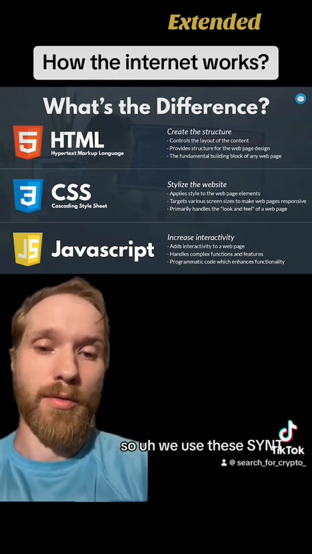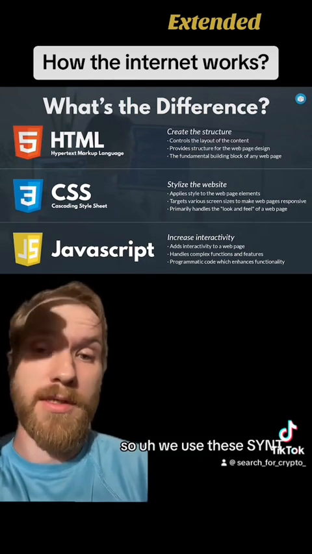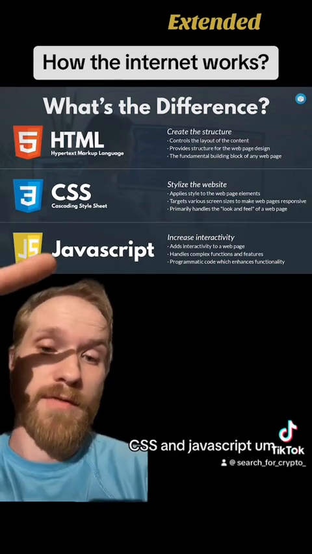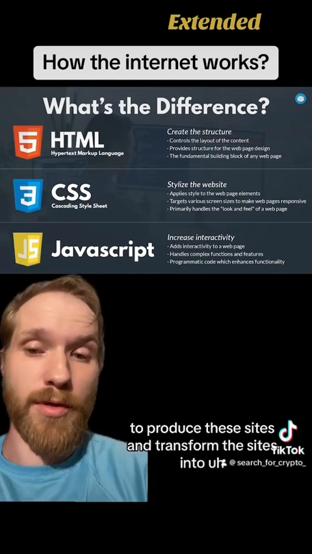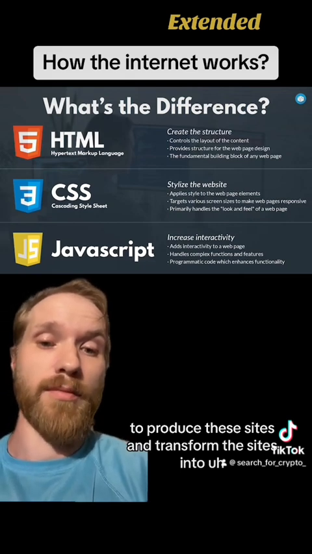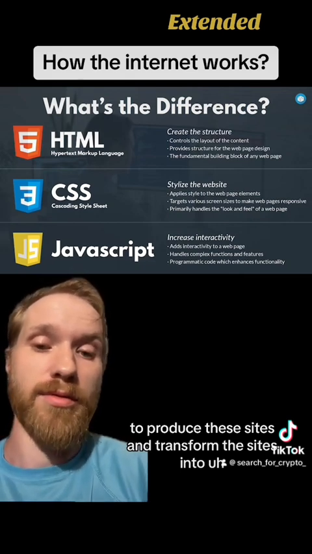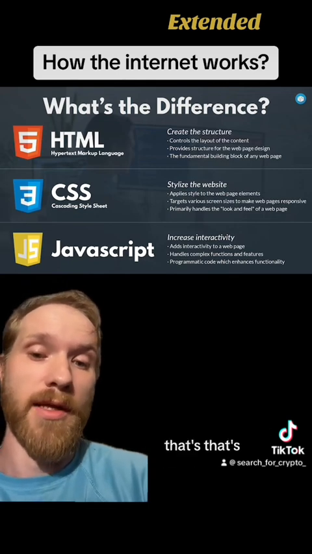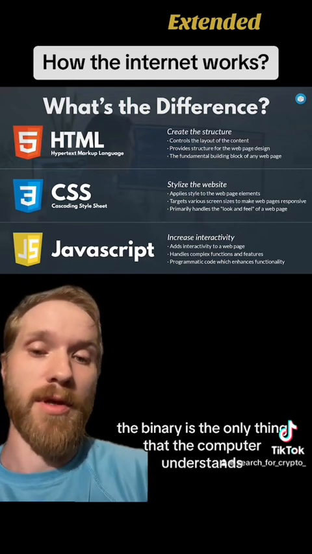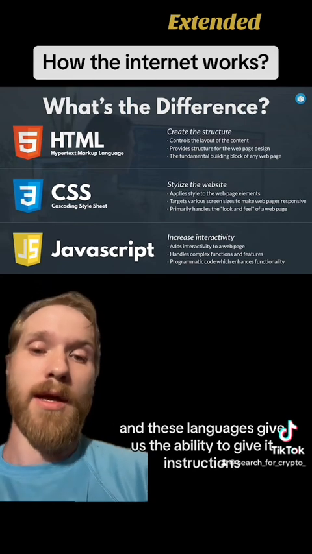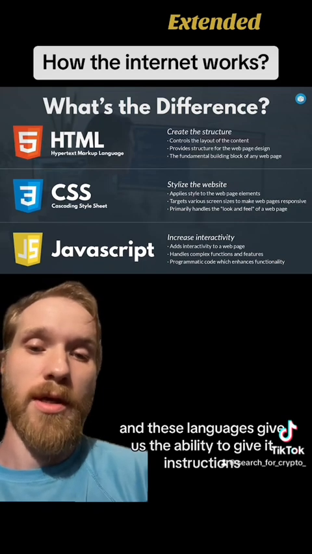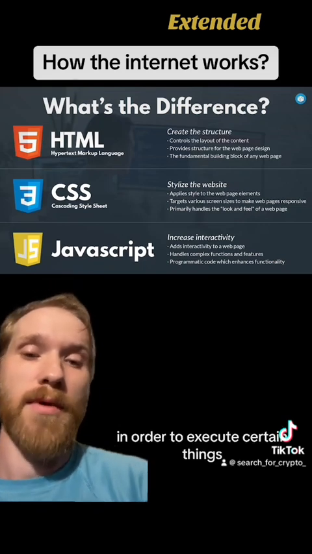So we use these syntax languages like HTML, CSS, and JavaScript to produce these sites and transform them into zeros and ones for the computer to understand. Binary is the only thing that the computer understands, and these languages give us the ability to give it instructions in order to execute certain things.